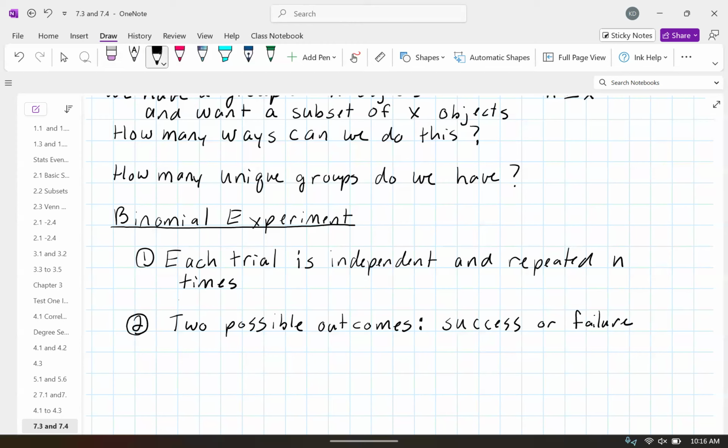So say we're looking at some survey data and we really just care about one of these categories. So we'd say, okay, category A is a success. If we're in category B, C, or D, any of the others, that's a failure. So you can take something that has more than two outcomes and make it fit this if you want to. It's not changing anything. It's not messing with the data. We're just defining it a little bit differently, which is totally acceptable. The example I'm going to look at does that.